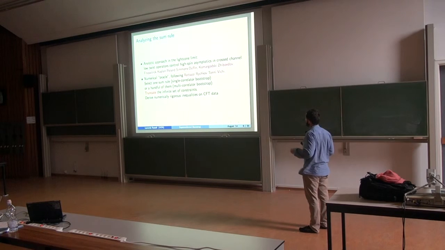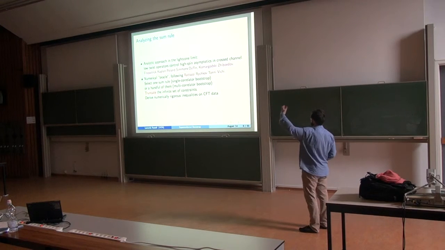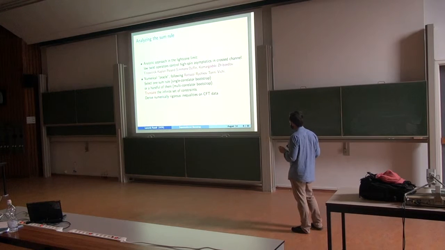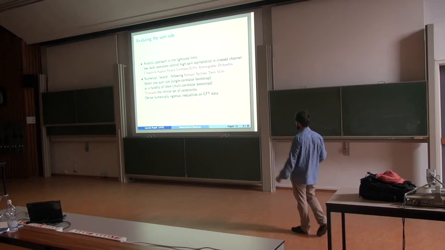It turns out that the operators of low twist in one channel, for example, the identity is the lowest twist generally, control the asymptotics for operators of very large spin in the cross channel. And so you can get partial analytic results for anomalous dimensions of operators of very high spin by this method.